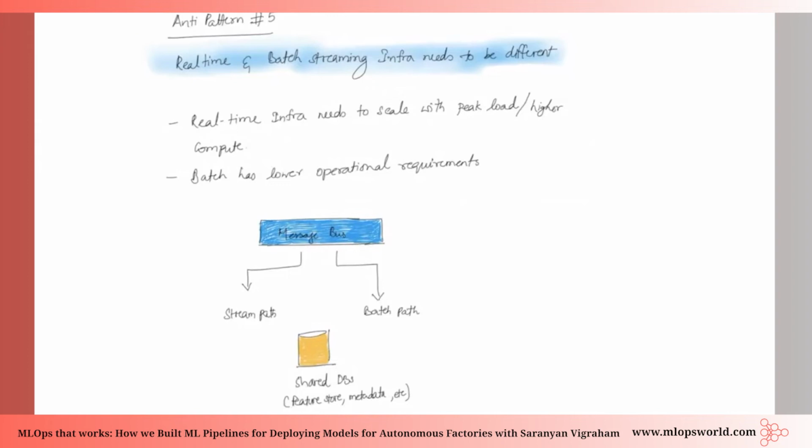Meaning that the high computes we required in production because of streaming, because of the peak loads that we would see, we wanted to replicate on batch to make sure that our models would still perform the same. But the challenge again there is, it was not needed. It was really a waste of resources, and we were introducing a lot of redundancy in it.